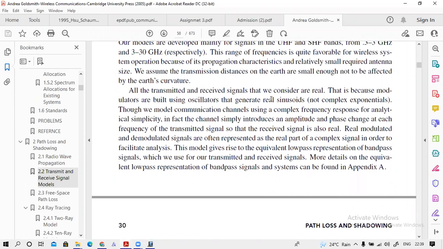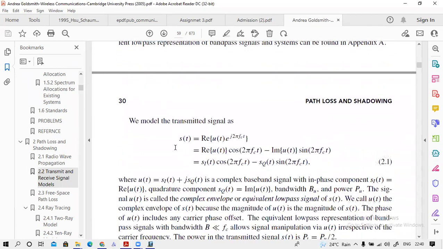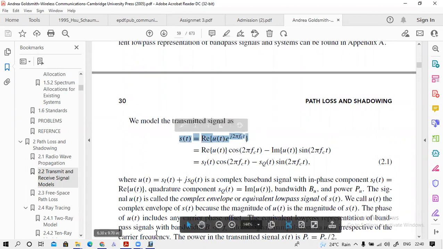It is mentioned there that oscillators normally generate sinusoidal real signals, but for analytical purposes we represent the signal as a part of a complex signal. So this is our signal model for the transmitted signal, sometimes called the passband signal.